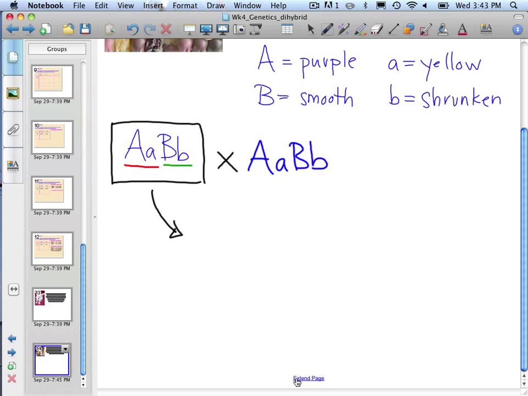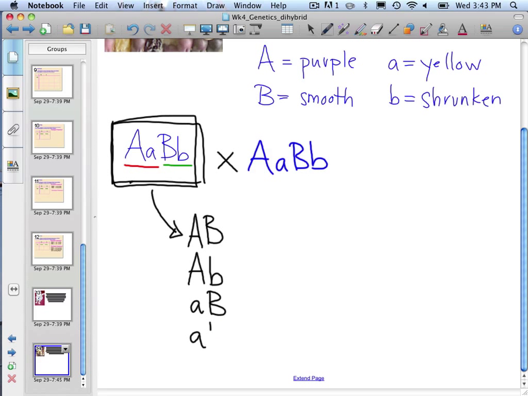The first thing I need to consider is that this cell is diploid, but it's going through meiosis, so it's going to become haploid, which means that this parent can pass on a big A combined with a big B. They can also pass on a big A with a little b. They can pass on a little a with a big B and a little a with a little b.